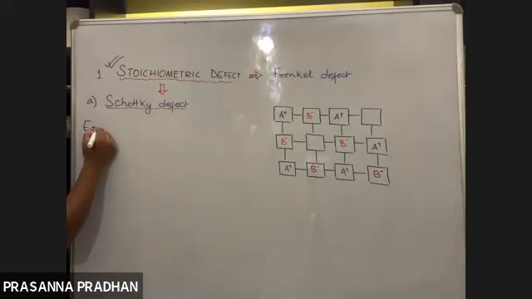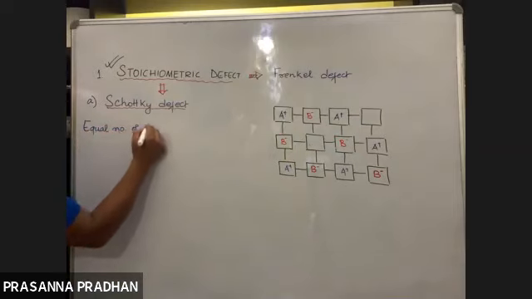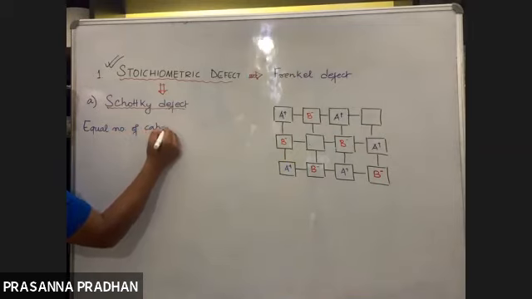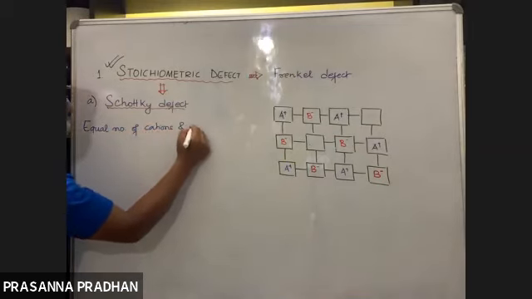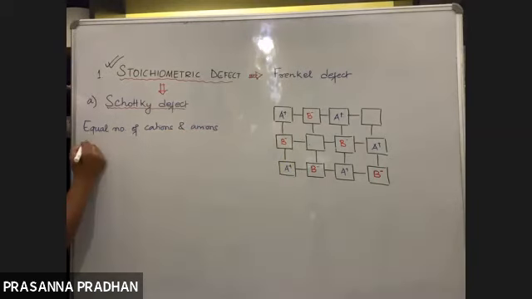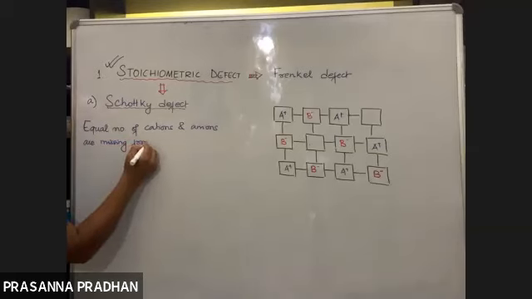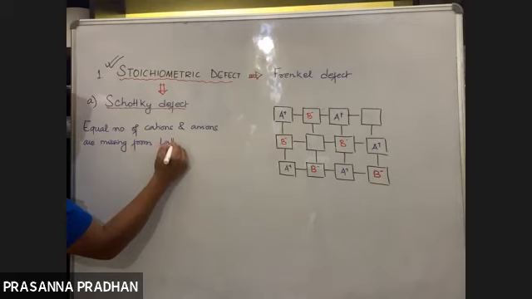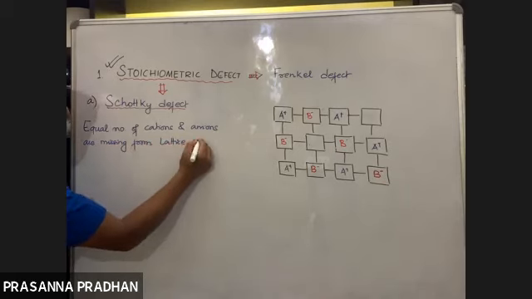Equal numbers of cations and anions are missing from the lattice sites.